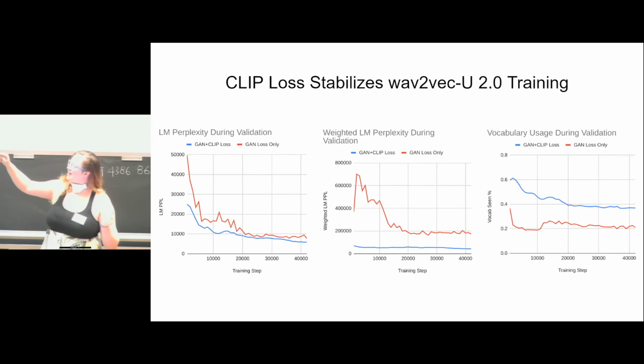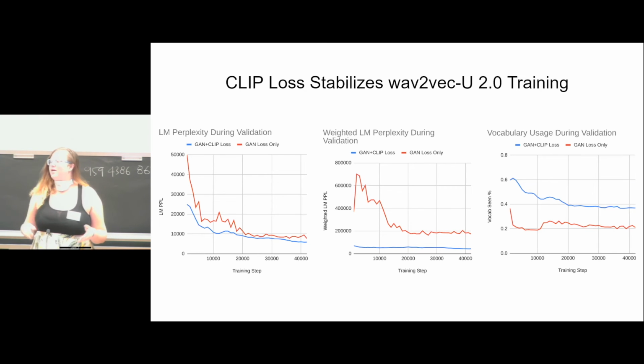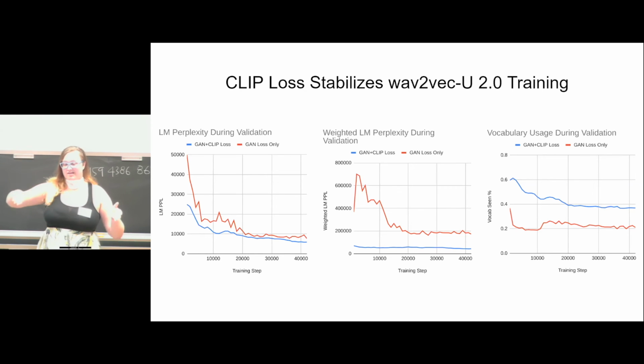And the red line is using just the GAN loss from the original Wave2Vec-U 2.0. The blue line is using both that GAN loss and the CLIP loss that we're adding to this model. If we look at the LM perplexity for the generated sentences, we can see that the LM perplexity when we use both GAN and CLIP loss is both lower and smoother than if we use only the GAN loss.